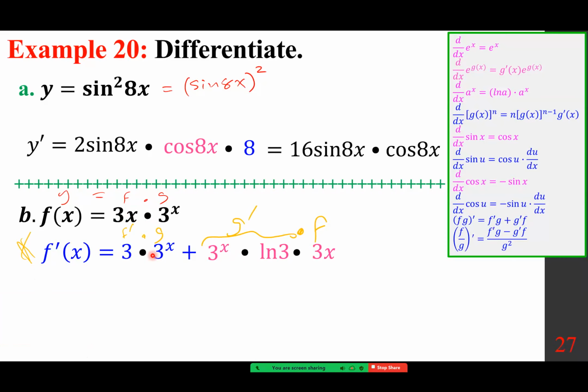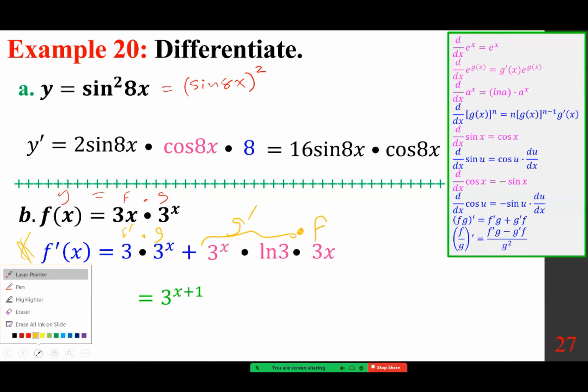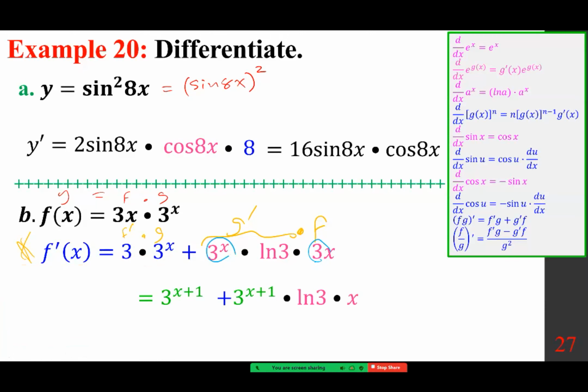First and foremost, notice 3 has exponent 1, therefore it's 3 to the power of x plus 1. This one has the exponent x, this 3 has exponent 1. So this too also becomes 3 to the power of x plus 1. And the rest, ln 3 and x, remain.